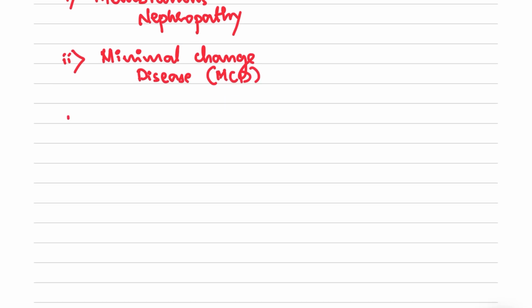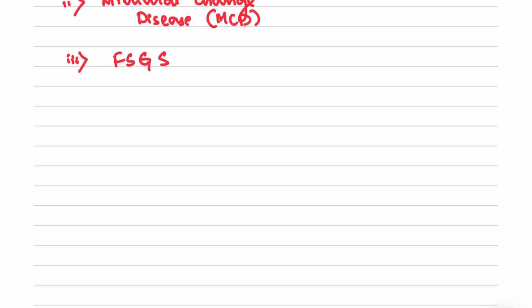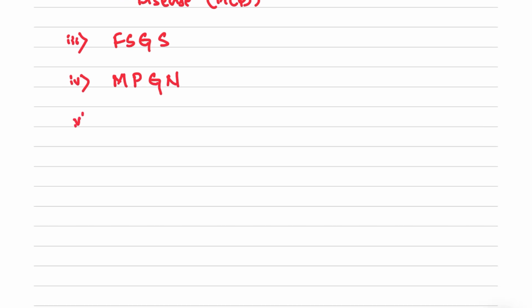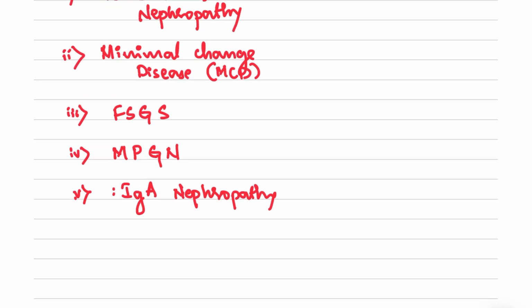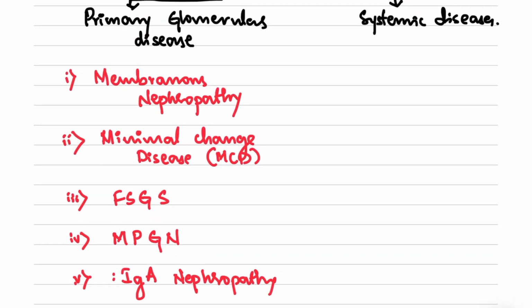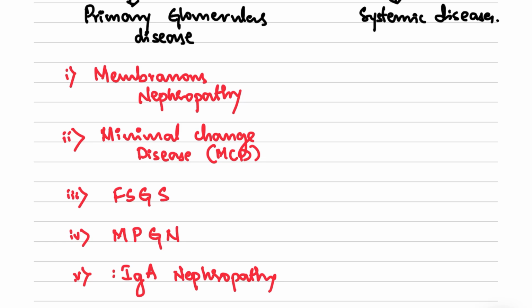The third one is FSGS, that is focal segmental glomerulosclerosis. The fourth one is MPGN, that is membranoproliferative glomerulonephritis. Others can be nephrotic as well as nephritic, such as IgA nephropathy. We have a separate lecture on IgA nephropathy, kindly make sure to watch that. So these are the primary glomerular diseases.